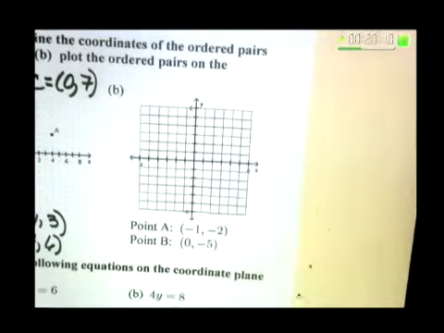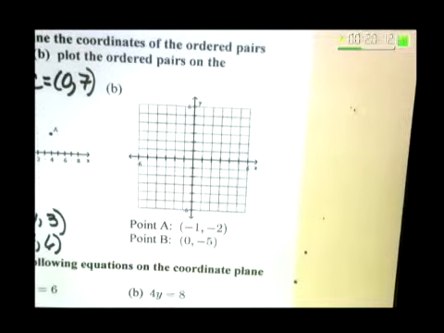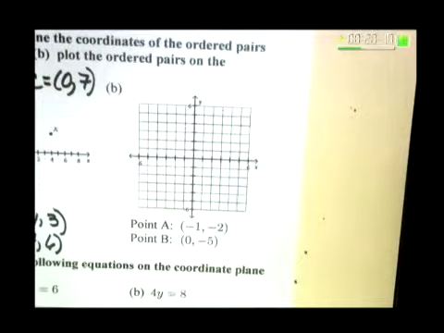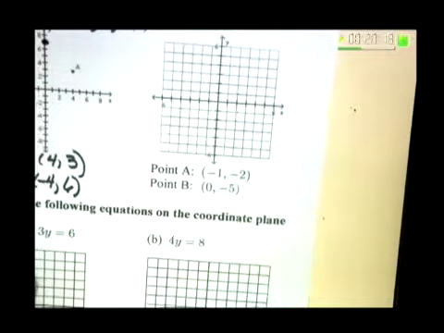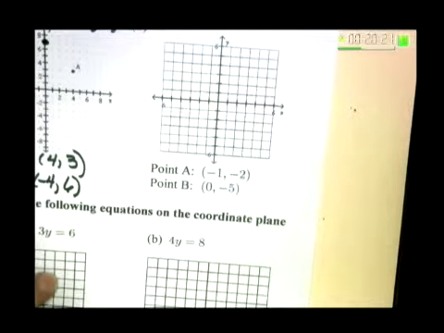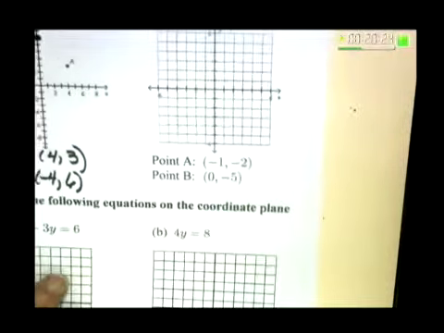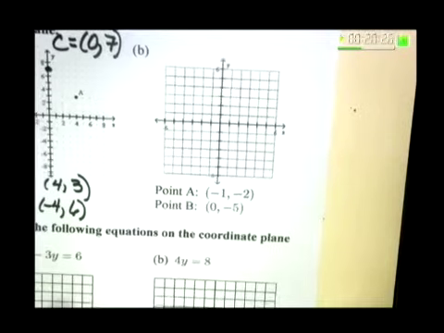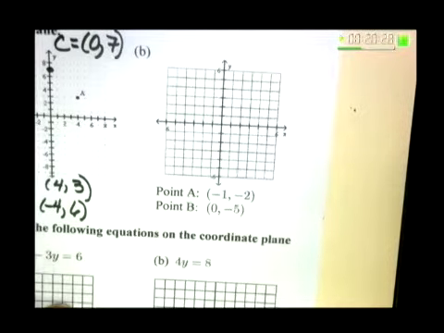Part B says, I've given you the point, you do the graph. So we're going to do that. Okay. Point A is -1, -2.